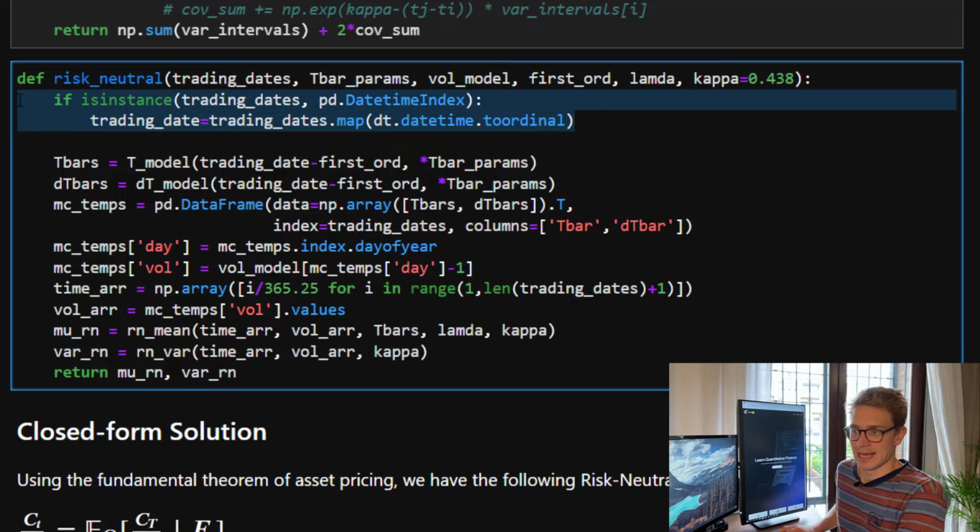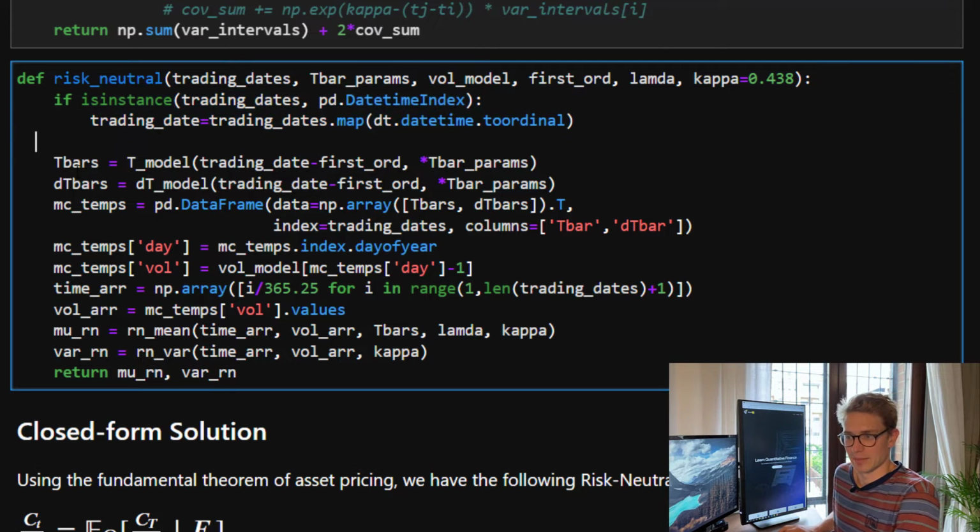Now, essentially all I'm doing is applying the model that we've got to our specific trading dates that we're reading in for our risk neutral, our specific circumstances, so winter. Then I'm calculating our Monte Carlo temperatures only just to get the average temperatures for each day.